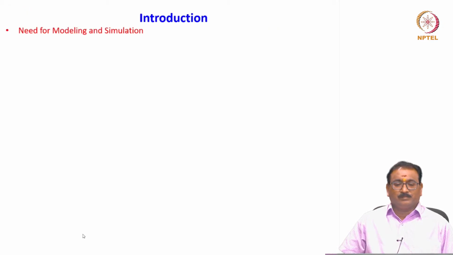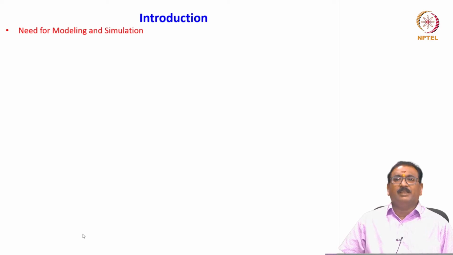Introduction. Already we know the need for modeling and simulation. There are various methods for modeling: mathematical modeling, empirical modeling, heuristic modeling and many more, based on the requirement and the prediction of the parameter.